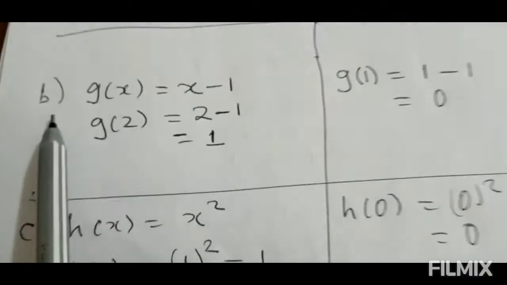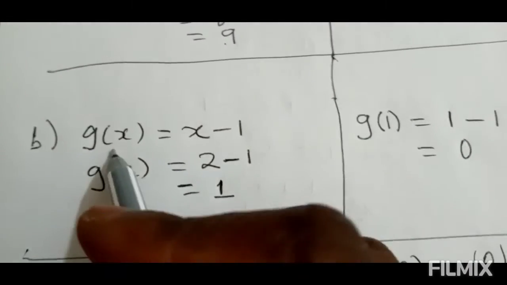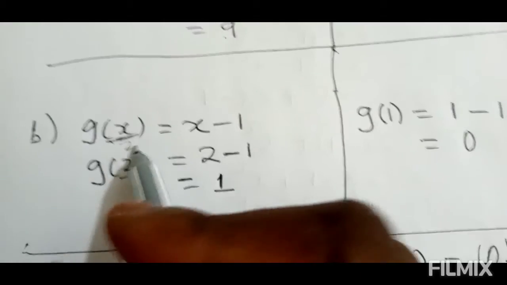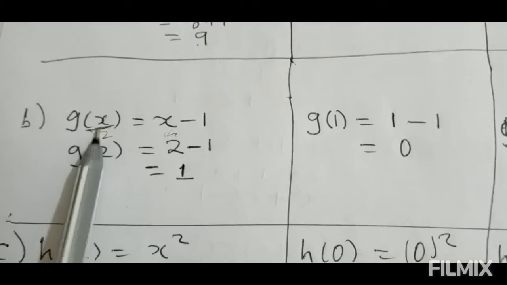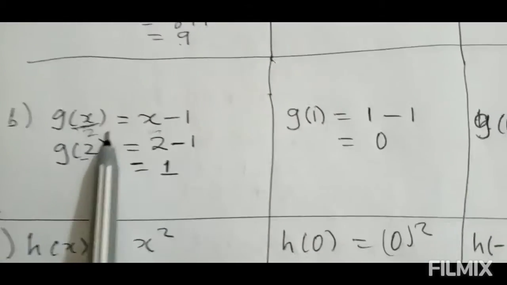Then we go to g. So g of 2, again 2 takes the place of x, so we are putting 2 here, so it is 2 minus 1, which is 1. Again g of 1, here g takes which place? The place of x. g of x is x minus 1.